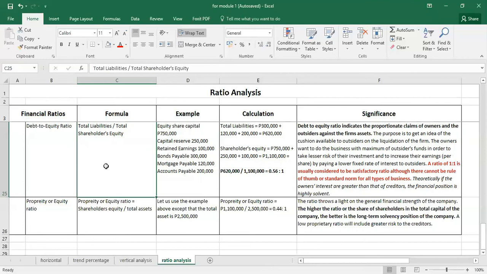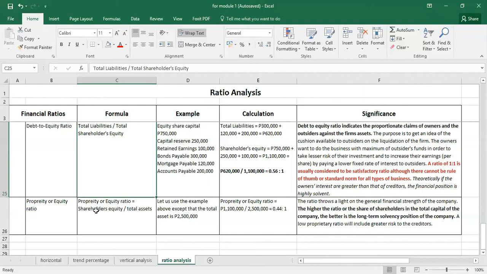Well, anyways, the last one is the propriety or equity ratio. To compute for the equity ratio, shareholders' equity divided by total assets. This is almost the counterpart of debt to equity.